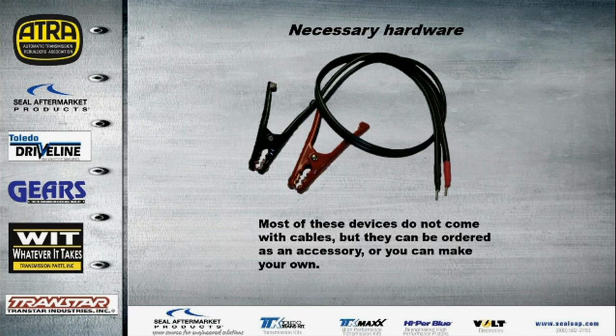Finally, as I stated, these voltage maintainers, battery maintainers, are not going to have the cabling that we're used to most of the time. A lot of times they do offer cables that you can purchase as an accessory, or you might have to make your own in order to adapt it so that we can clamp it onto our battery for our purposes and application.